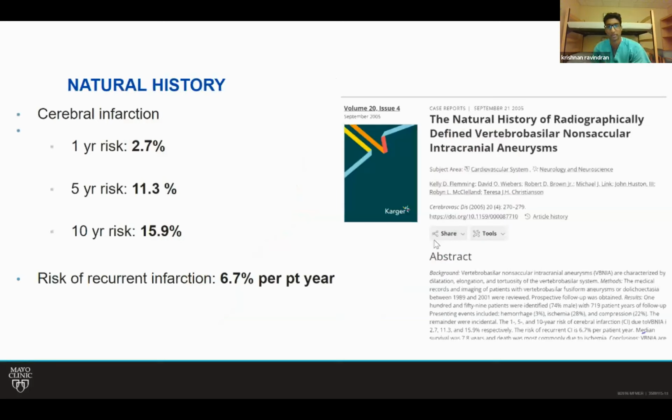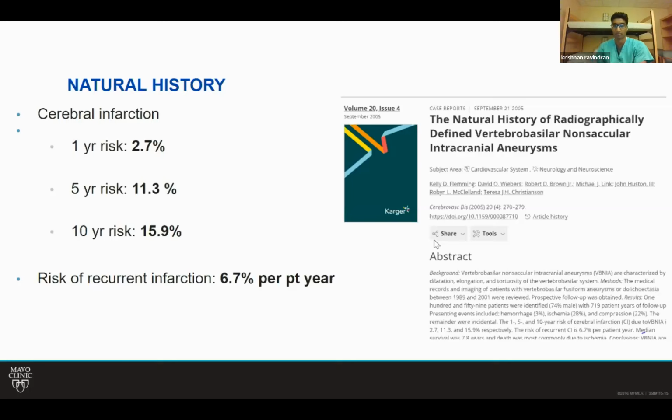The natural history of VBD for quite a while was poorly understood, and Dr. Fleming at Mayo Rochester provided some key papers in the early 2000s, from 2004 to about 2008, that described an extensive cohort series of what the true natural history of vertebral basilar dolichoectasia was.